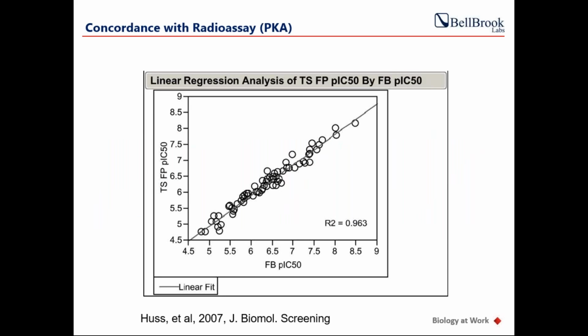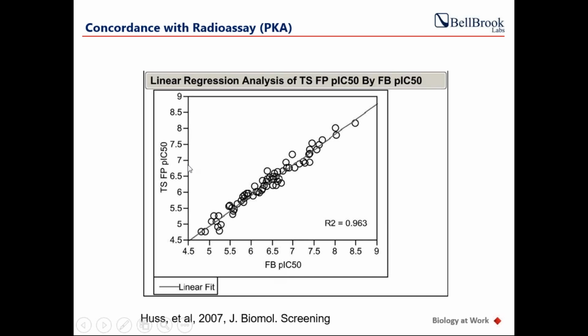So also very important, this is some work that was done early on by some investigators at Eli Lilly who were adapting the assay there. They wanted to validate that the inhibitor potencies that they observed with the assay would be similar to what they were observing in their gold standard radio assay. So the FB stands for filter binding.